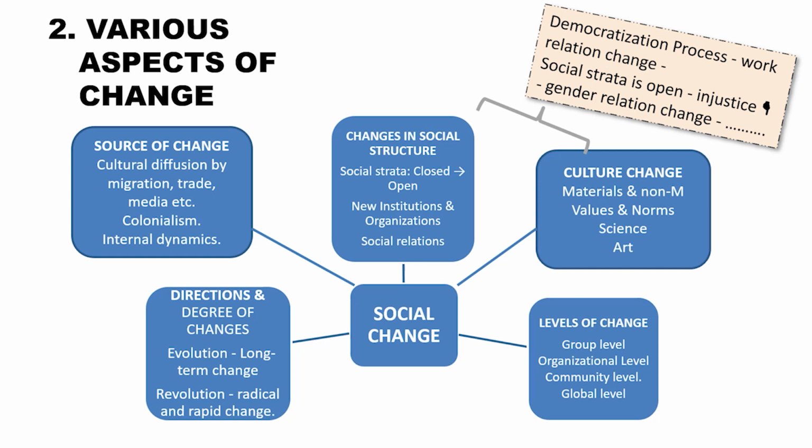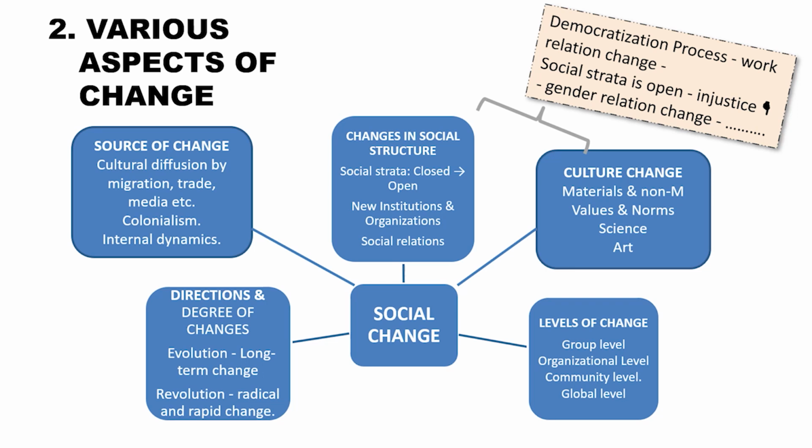In South Africa, it is very obvious. In the United States in the past, you see also this segregation of social relation. But changes also occur as internal dynamics within the society itself. So there are many sources of change, of course.